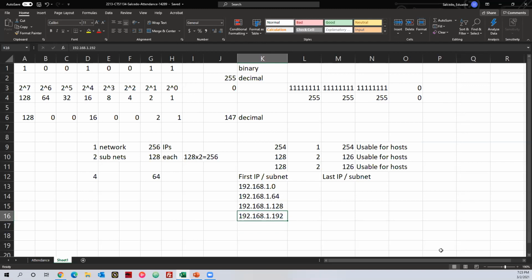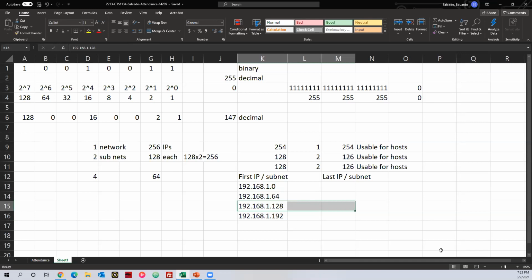Yeah. All right. We'll practice next week: given this subnet mask, give me the first usable host IP address of the third subnet.